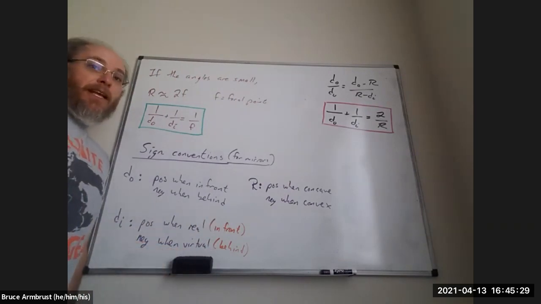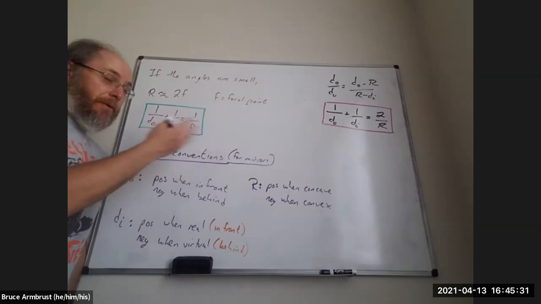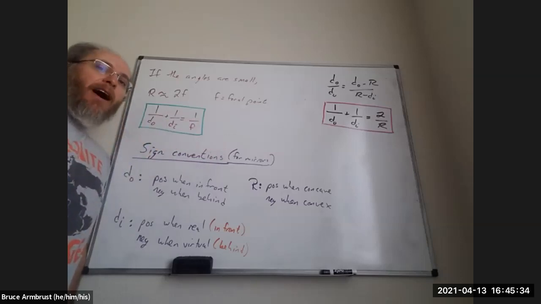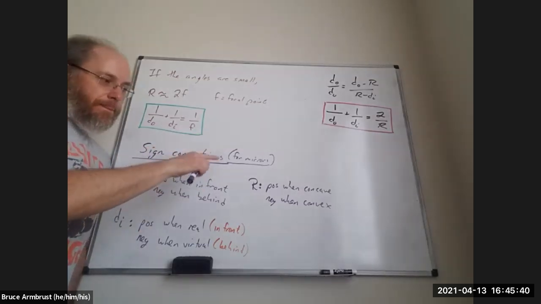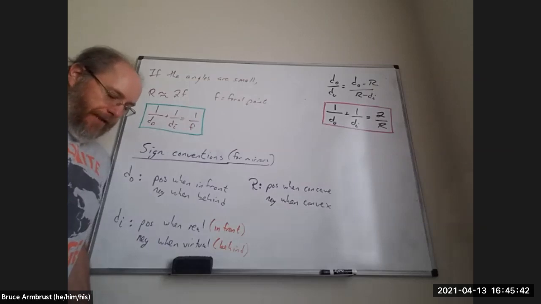Okay, so if we're dealing with a concave mirror like the one that we built this on, that would be a positive R. If it was convex, if it was rotated the other way, then that's going to be negative.